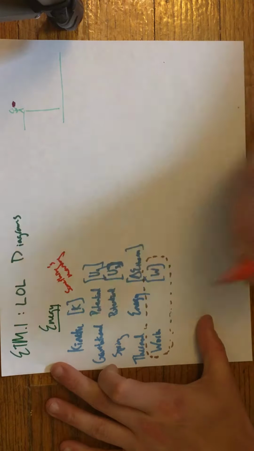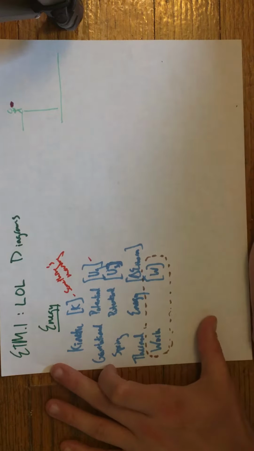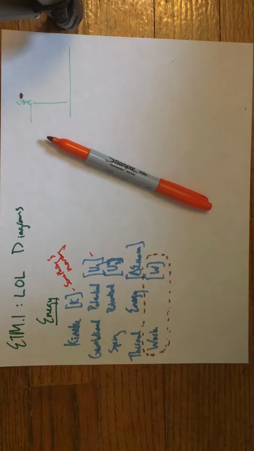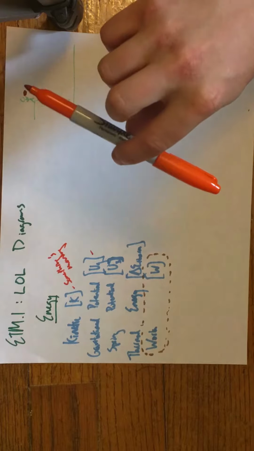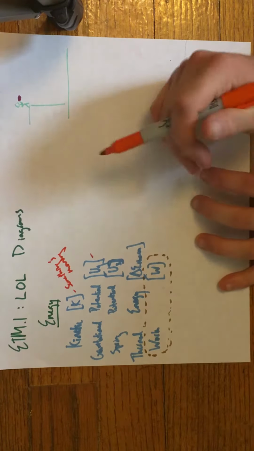The next energy is gravitational potential energy. This is present when something is at a higher position. So for instance, my pen right now has no gravitational potential energy if I consider the floor to be my base, but if I raise it up, now it has some gravitational potential energy. So there's two things to understand here.